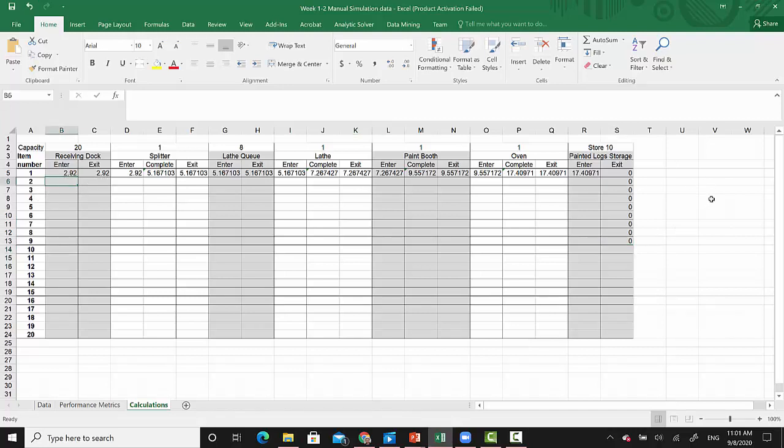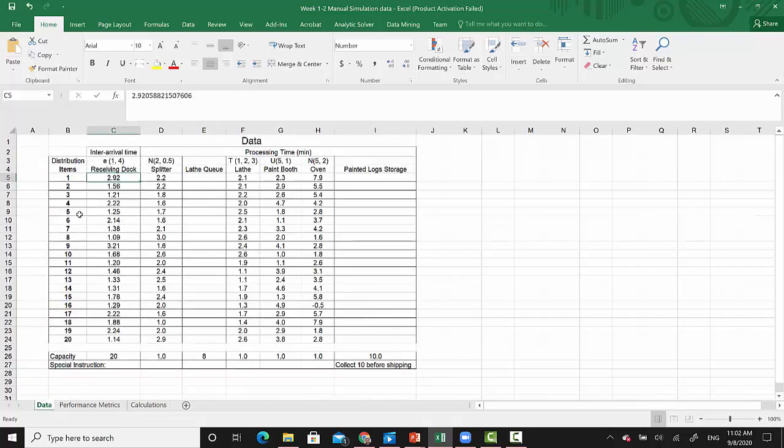And just to make it easier for us to work and not go back and forth between these two sheets, because we know that we're going to use those data from the previous sheet, let's copy the data from this sheet.